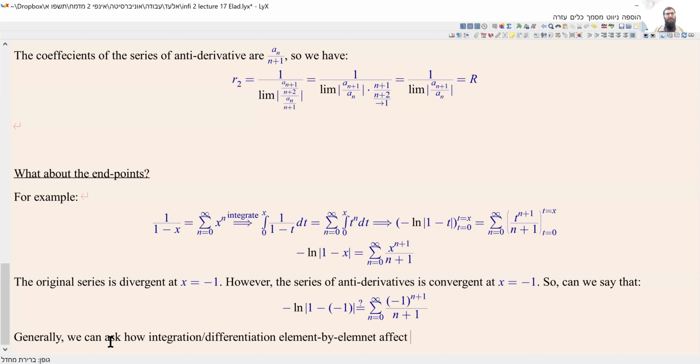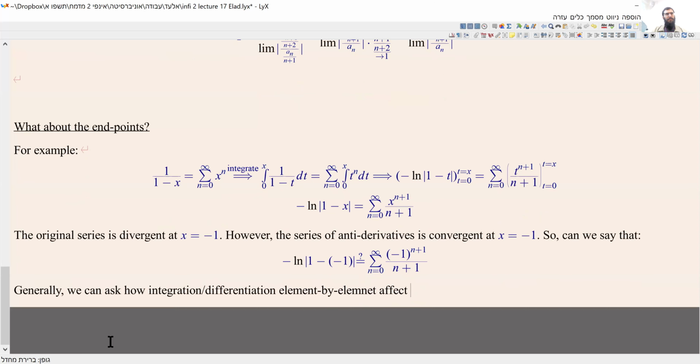The verb. The verb is with A. It's something weird, right? It's with E, with A, whatever. Affect the convergence at the endpoints.